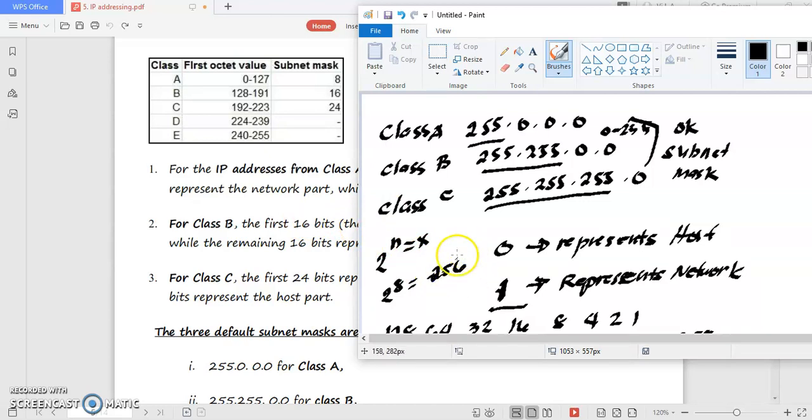That is 256 combinations, and since the numbers start at 0, it will end at 255. 0, 1, 2, 3, until 255, plus 0, that is 256 in total.